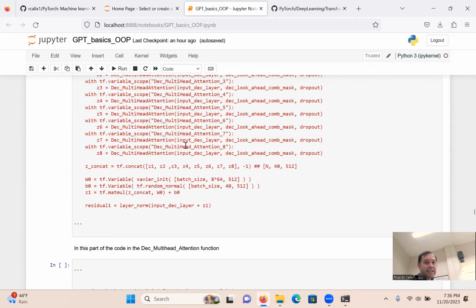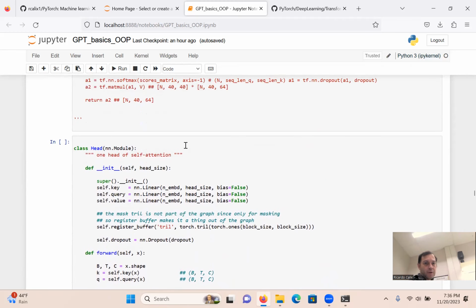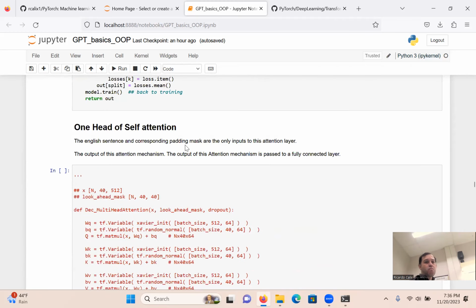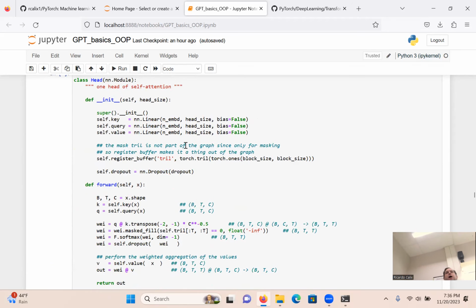So we need to find the class for attention, which should be here somewhere. Yeah, that's the last one. So this is the last part of the architecture where the actual attention mechanism happens.